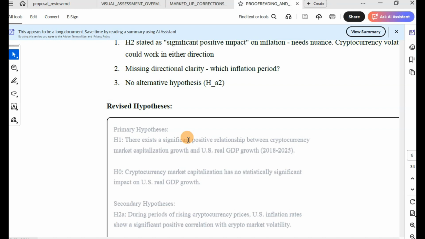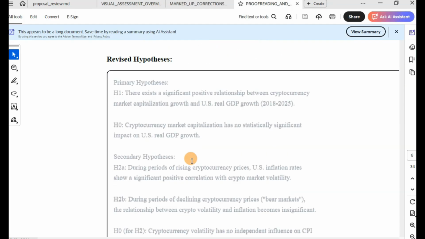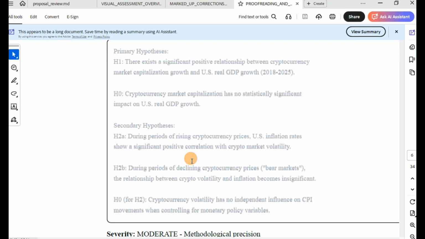So you can revise your hypothesis, the existing significance of a positive relationship between cryptocurrencies and market capital growth. This is the revision he can make.